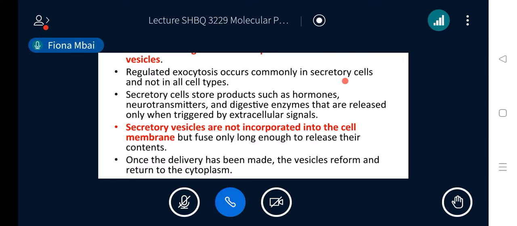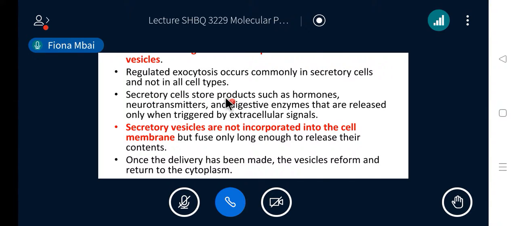And I believe you did many of these during physiology. So it happens in secretory cells, but not all cell types. Cells which do not secrete materials do not have regulated exocytosis.